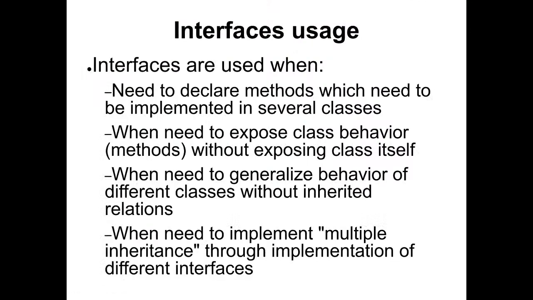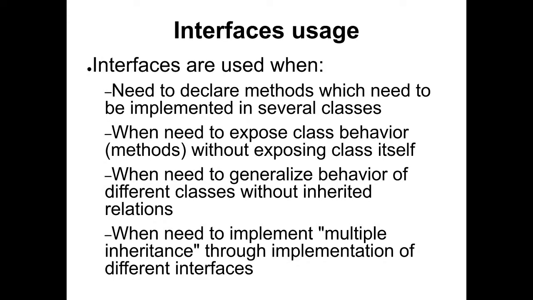Let's move on. For the second step, we need to expose class behavior without exposing the class itself. It's also pretty straightforward. Then one needs to generalize behavior of different classes without inheritance relations.